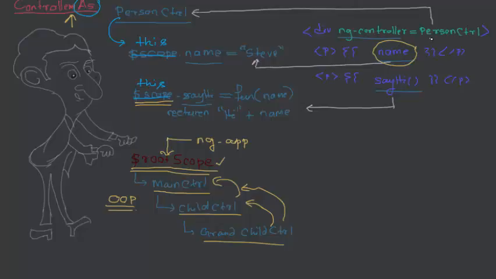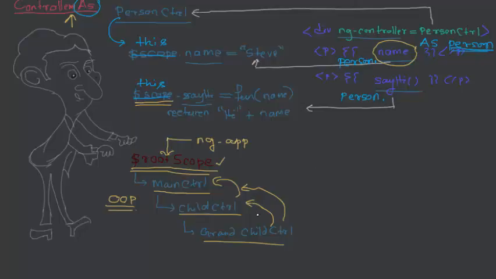At the same time, in the view, you have to mention person controller as, and give the instance name. This can be anything you like in your application. And this name and sayHi now need to use dot notation. You have to give person dot name, and similarly here person dot sayHi.